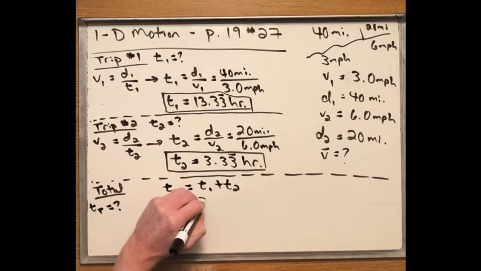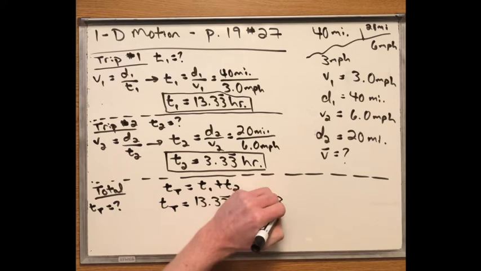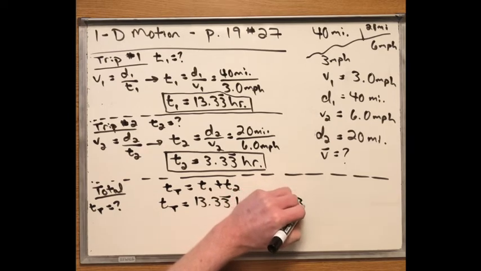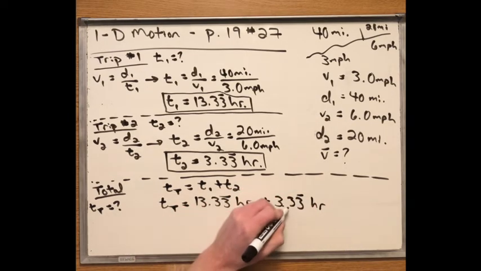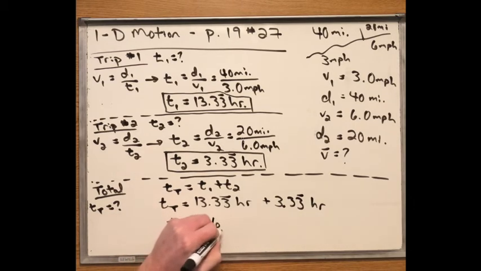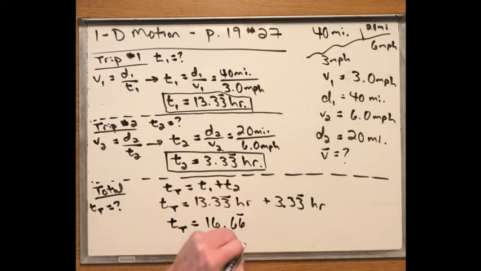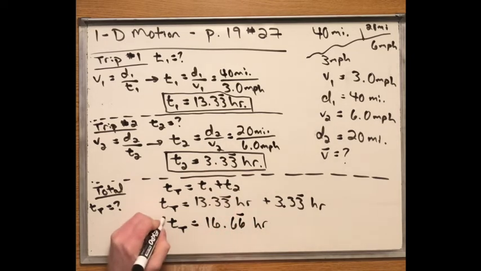And that means the total time is going to be 13 1/3 hours plus 3 1/3 hours. Right? And 13 plus 3 is 16. And 1/3 plus 1/3 is 2/3. And so I'm going to write 16.66 repeating hours.